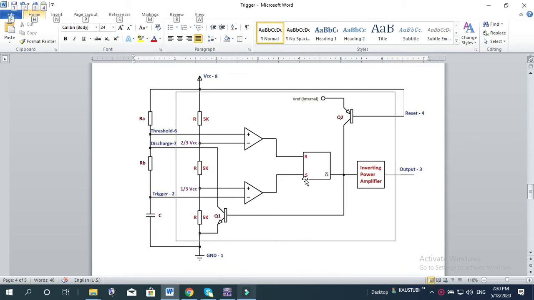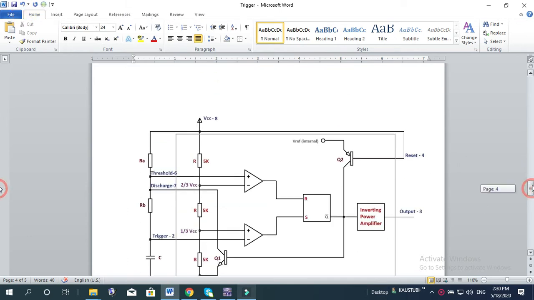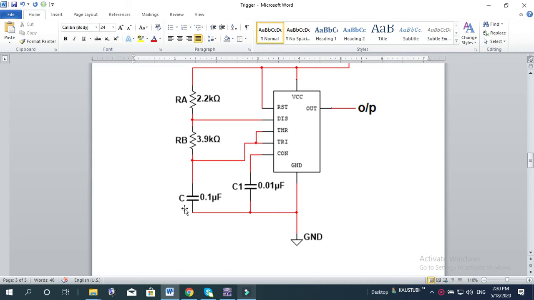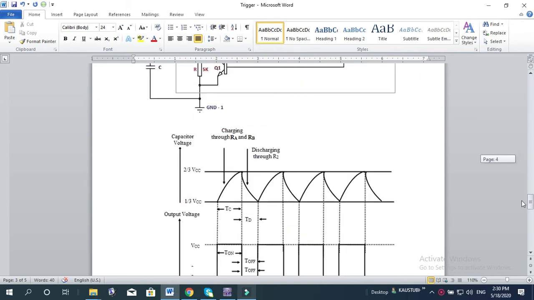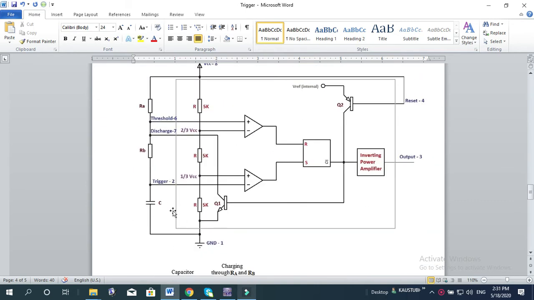Now, suppose initially the output is high. When the output is high, this capacitor C gets charged up towards VCC through RA and RB.